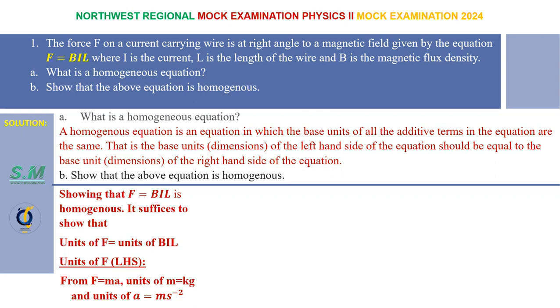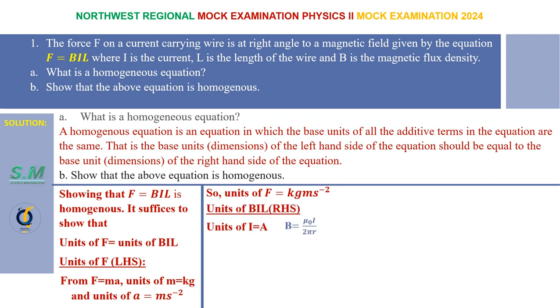The unit of mass is a kilogram, and the unit of acceleration is meters per second squared. So we can deduce that the unit of F is kilogram meters per second squared, and that gives us the unit of the left-hand side of the equation.